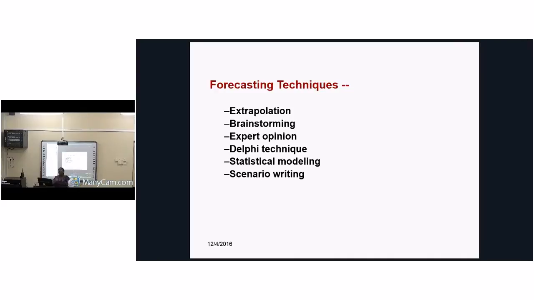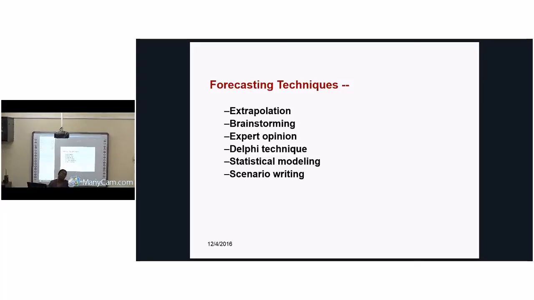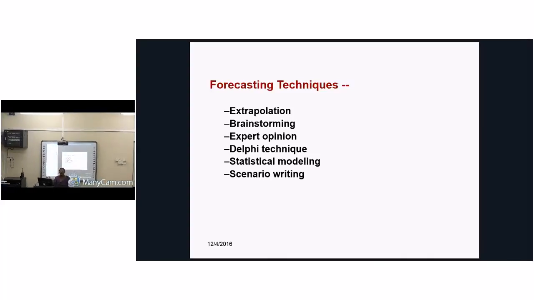Then you forecast. You collect information about how these elements behaved in the past, their past behaviors.